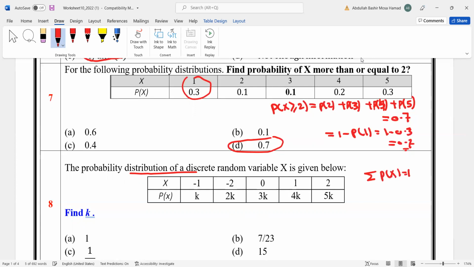This means k plus 2k plus 3k plus 4k plus 5k. This should be equal to 1 because it is a discrete probability distribution. k plus 2k is 3k, 6k, 10k, 15k.